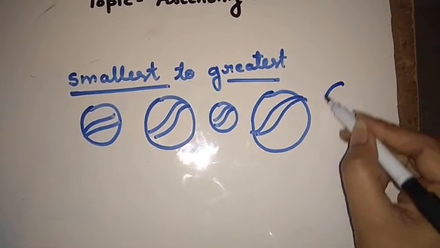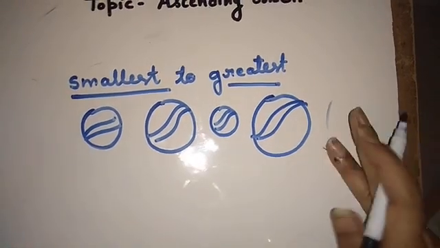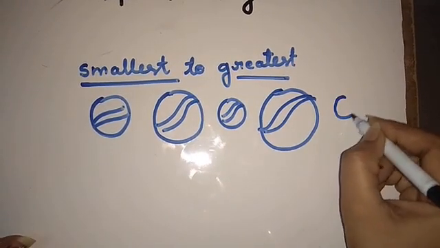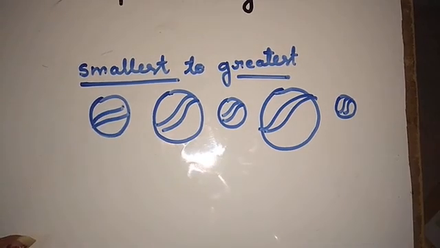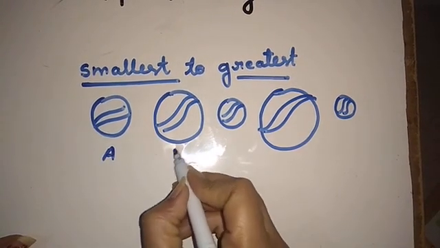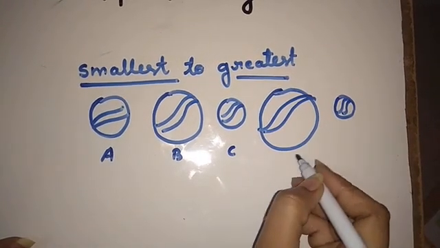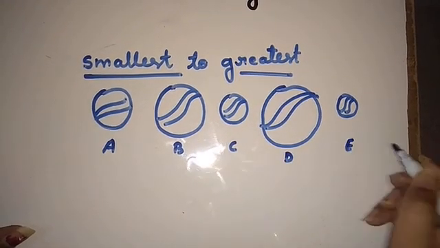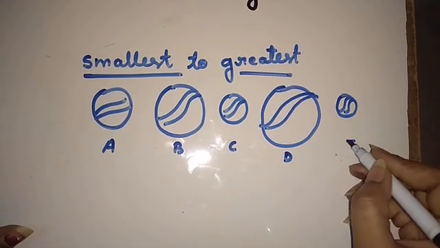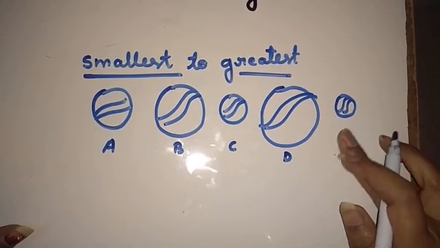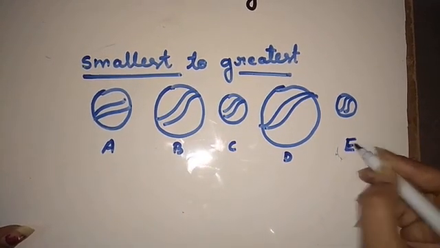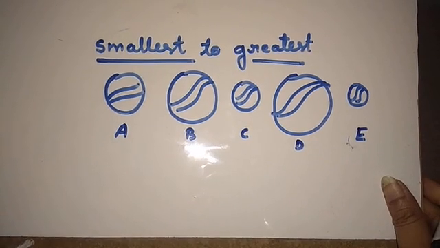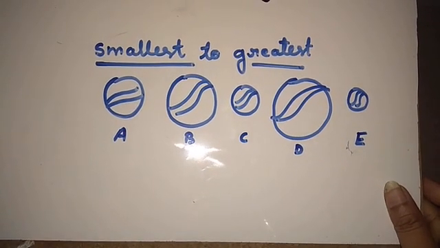So now students, it is ball A, ball B, ball C, ball D and ball E. Now, how will I put all these balls in ascending order?